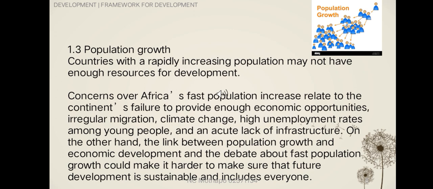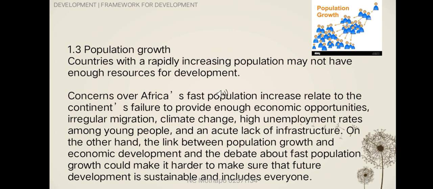On the other hand, the link between population growth and economic development and the debate about fast population growth could make it harder to make sure that future development is sustainable and includes everyone.